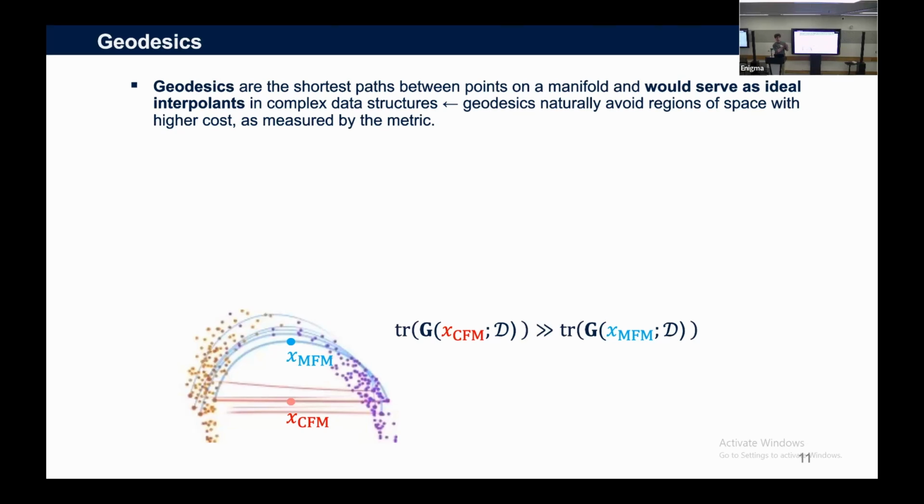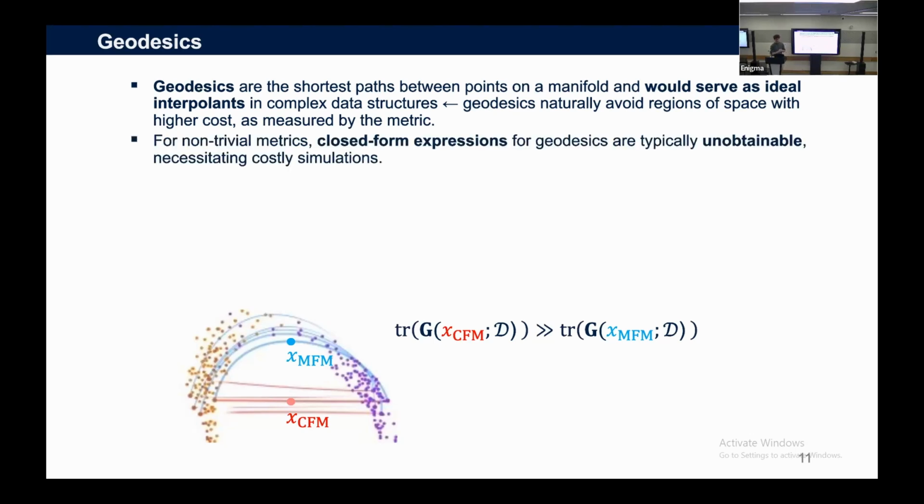By construction, I'm defining a potential on the space that prioritizes regions where you do have samples. These are the regions where you should go. So geodesics are shortest paths, and that's how I thought about this project in the first place: instead of using straight paths, which are geodesics with respect to Euclidean, let's use geodesics with respect to a data-dependent geometry.